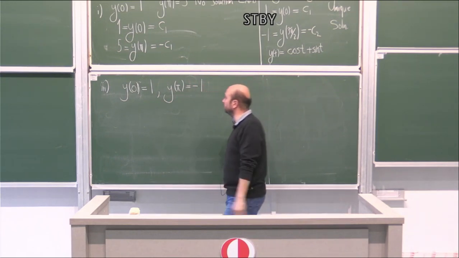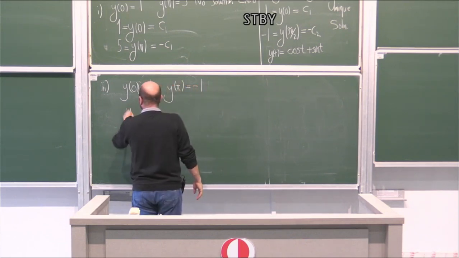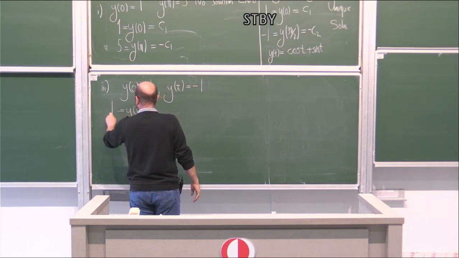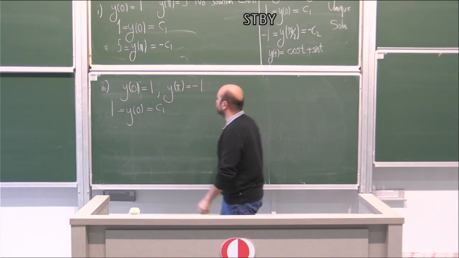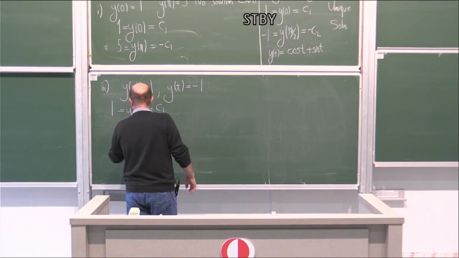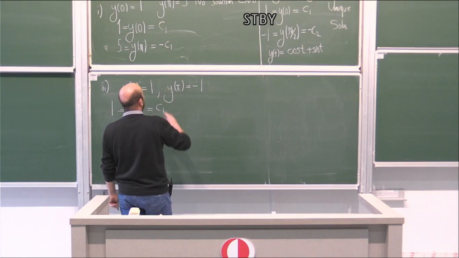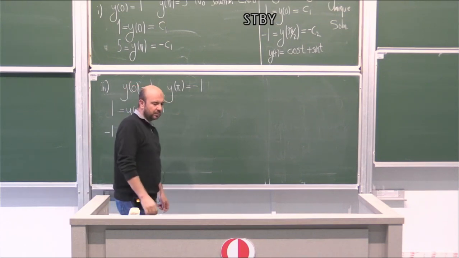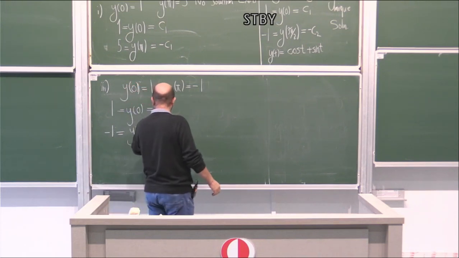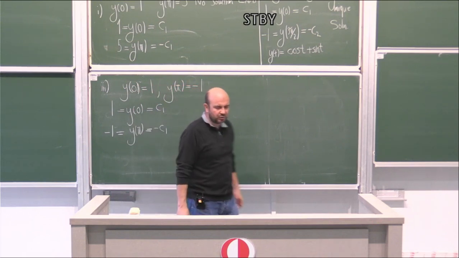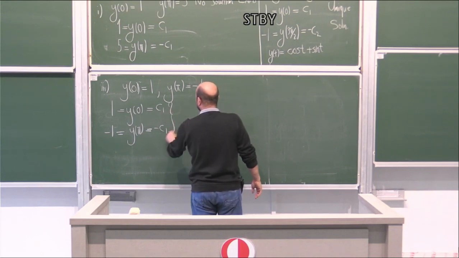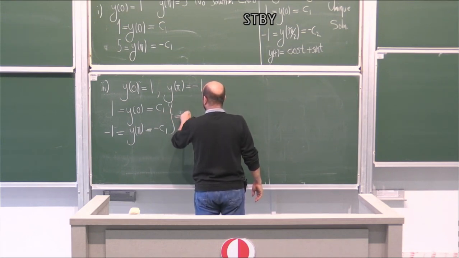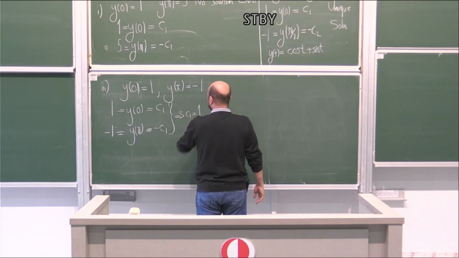I'm just changing the boundary conditions. y(0) is 1 says that C1 has to be 1, and y(pi) has to be minus 1. If you plug in pi, cosine pi is minus 1, so we have minus C1, and sine pi is 0, so this is what we get. And from this, we just get that C1 has to be 1. That's the only thing.